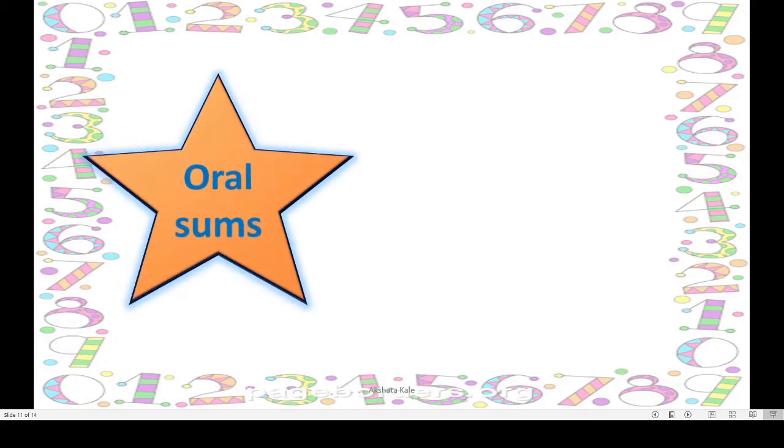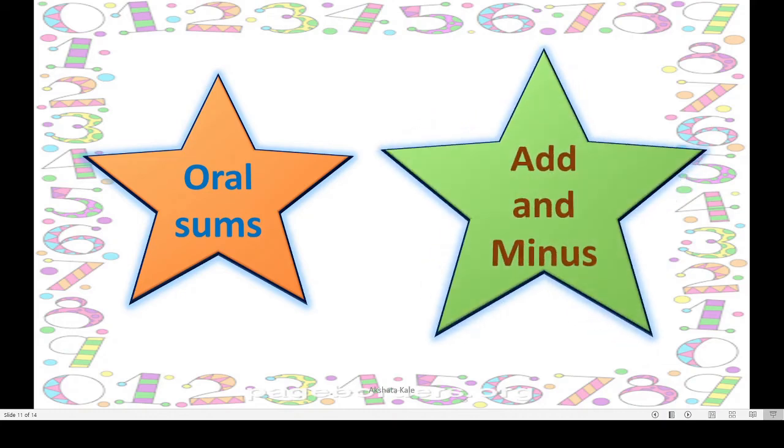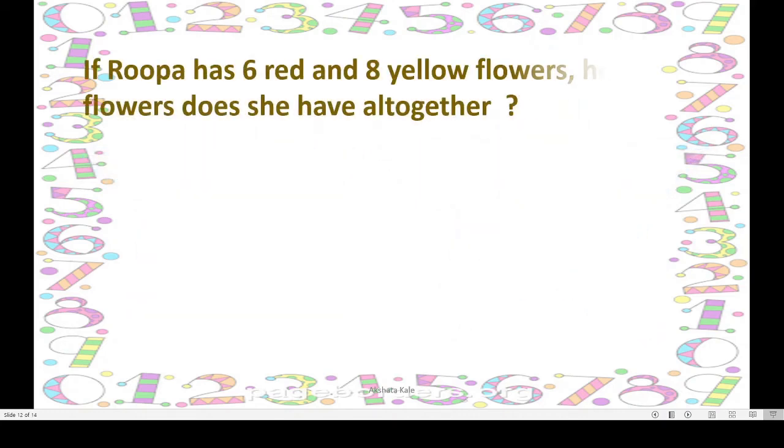Oral sums. Yes, dear children, we are going to solve some oral sums. They have both addition and subtraction or minus. Okay? See here, a simple method I want to tell you. First read the sum.